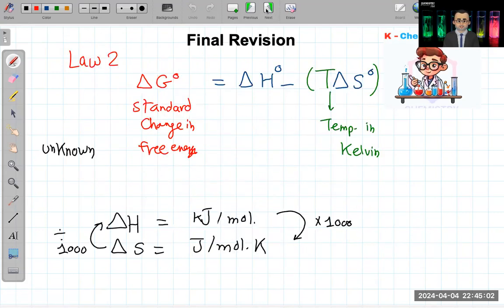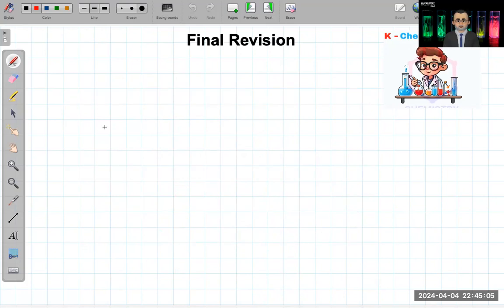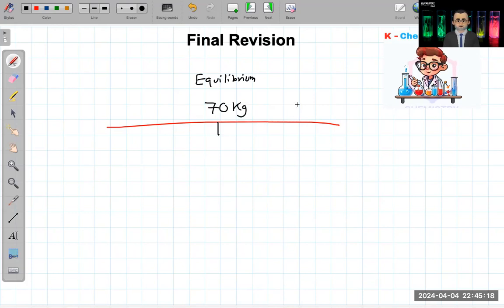So it's like I'm telling you, what is the temperature? For example, I have gained a lot of weight in Ramadan. So I'm telling myself, this is the point that I am happy at. Above this weight, I will be unhappy because I'm very fat.